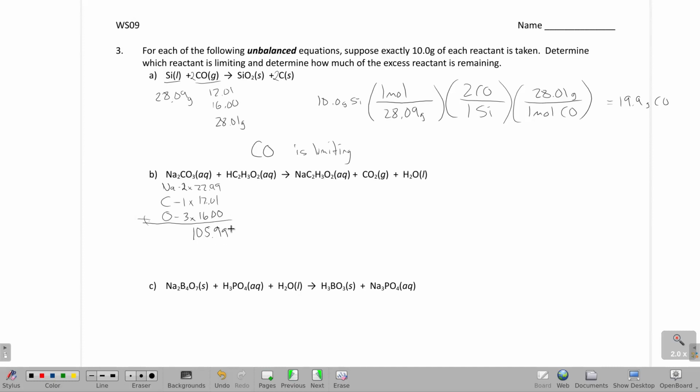Alright, going to do the same thing with the acetic acid. I have 4 hydrogens, that one and those 3. I have 2 carbons. And I have 2 oxygens.